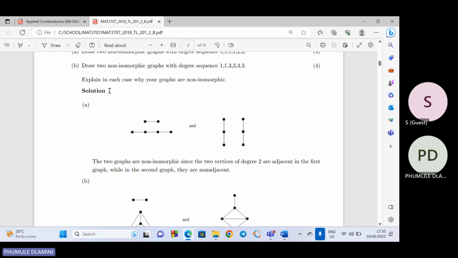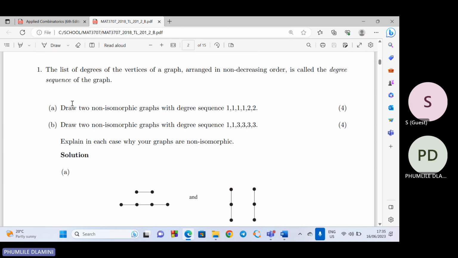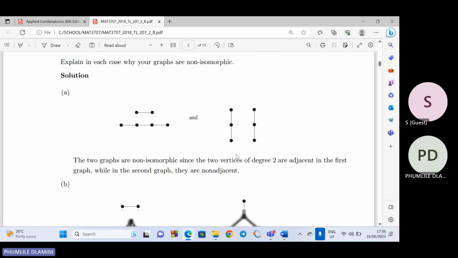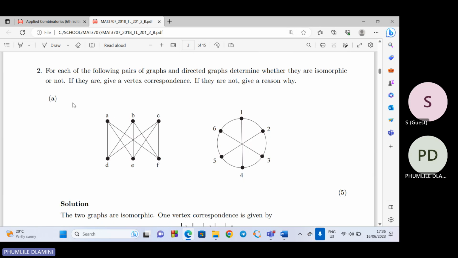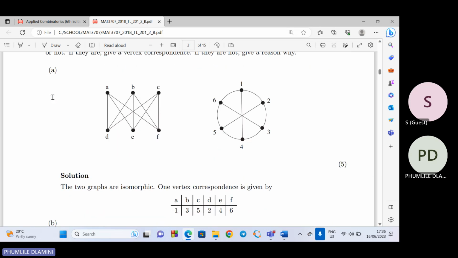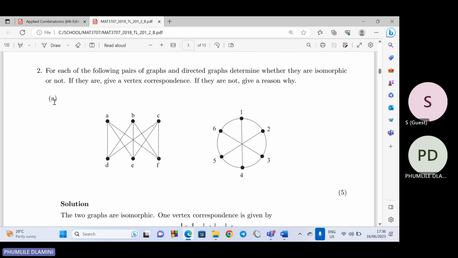We managed to do question A, we did that, and B is fine. The other one that we did, I'm not sure if we should repeat it, is C, number 2, but I think it was clear to you.